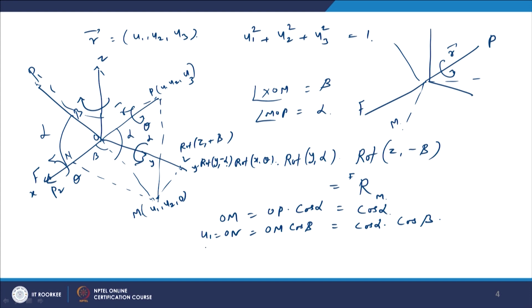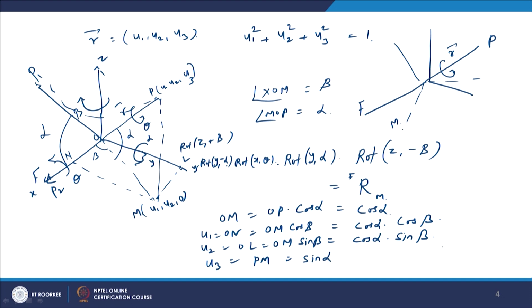Similarly, U2 is the y coordinate, that is given by OM, that is OL, and it is OM sin beta. So, it should be cos alpha into sin beta, and z axis, that is U3, it is nothing but PM, this length, and that is given by simply sin of alpha.